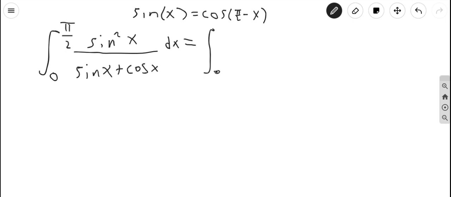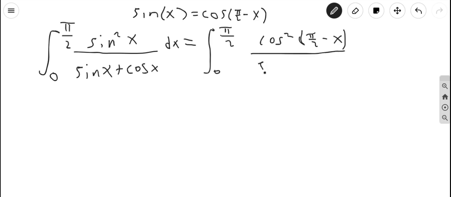What you may realize while we're doing that is that in the denominator we have sine of x plus cosine of x. If you have much intuition about trigonometry, you'd realize that this is just another sinusoidal wave, so you can rewrite that as another sinusoidal wave.